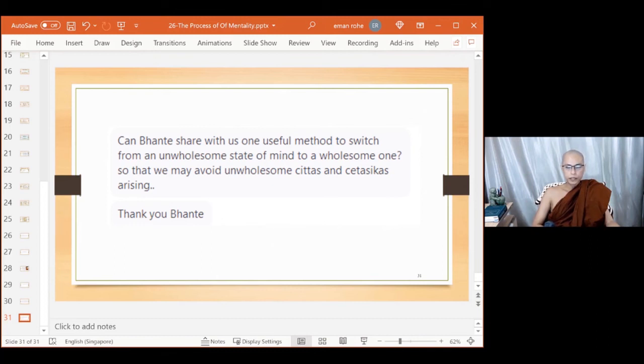Then, if unwholesome mentalities arise in our mind, at that moment we need to change the condition of the mentality. Sometimes the condition is the object, and we can change the object. When we see something and then anger arises, we change the object. Or if we cannot change the object, we can change the attitude.